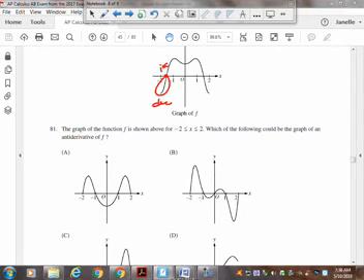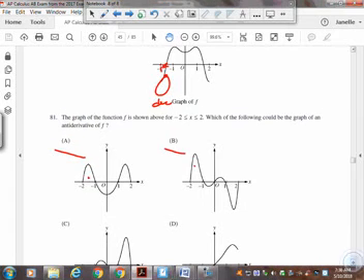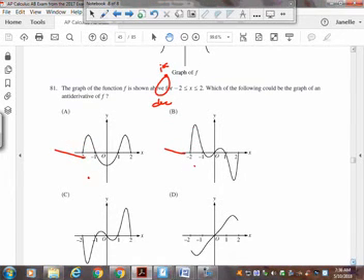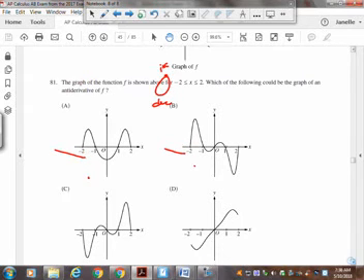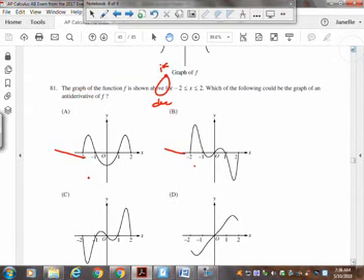Is this a min? No. Is this a min? No. Is this a min? Is that a min? Okay, so we ruled out two answers already. So now we've got to go look at another spot to see, you know, what's going on in some of the other places. So, whoop, wrong way.